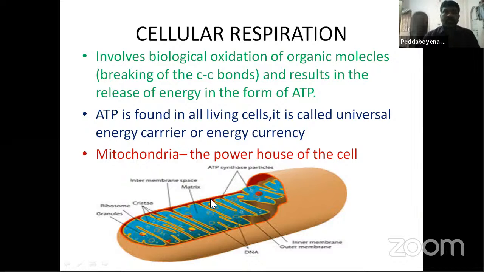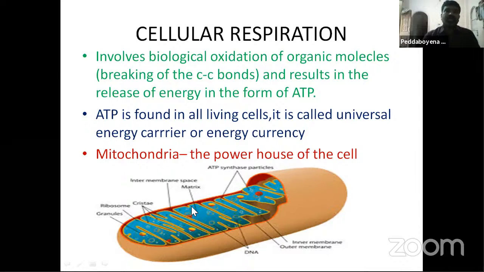Glycolysis occurs in the cytoplasm, the Krebs cycle occurs in the matrix, and electron transport occurs in the cristae.